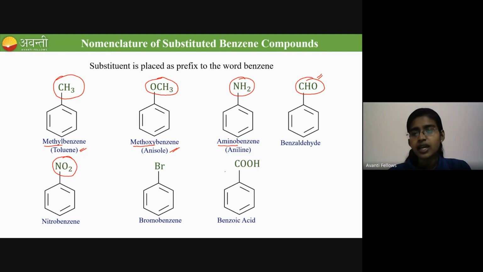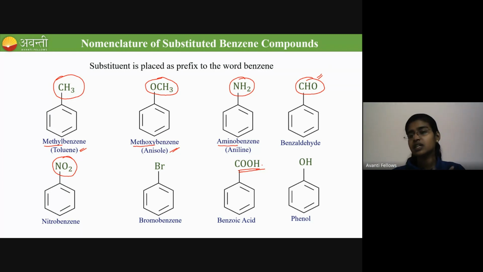And here is again a functional group, the very important, first preference functional group, so it is benzoic acid. And one more thing is there, which is called phenol. If the phenyl ring contains OH attached to it, it is called phenol. So these are the substituted benzene compounds which are very important for your organic chemistry lessons.